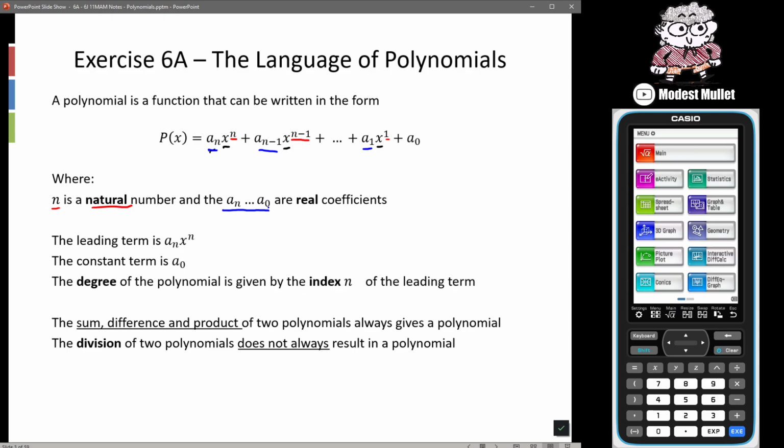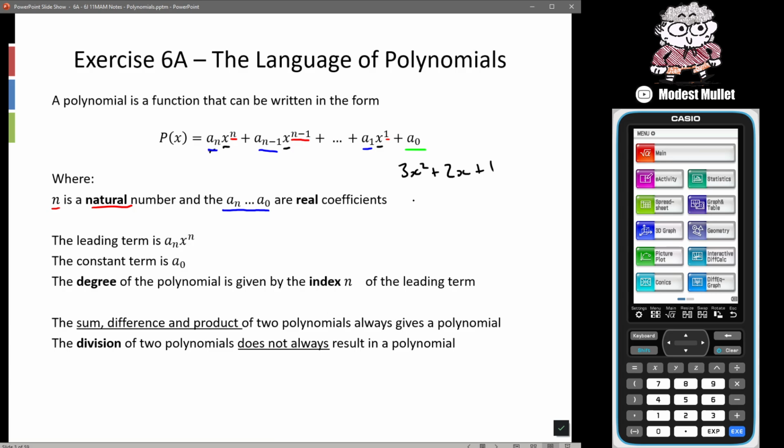So while that may look complex, what that is actually saying is that all it's going to be is maybe 3x squared plus 2x plus 1. And I forgot to say, there may or may not be a constant on the end, that a0. So that 3x squared plus 2x plus 1 is a polynomial. It has different x terms of differing powers.